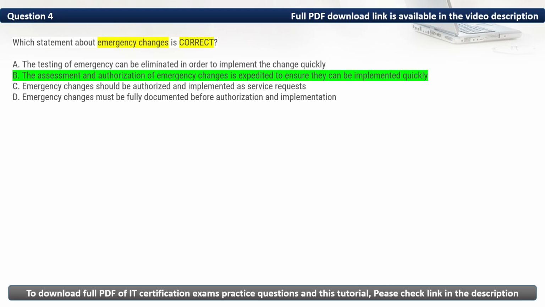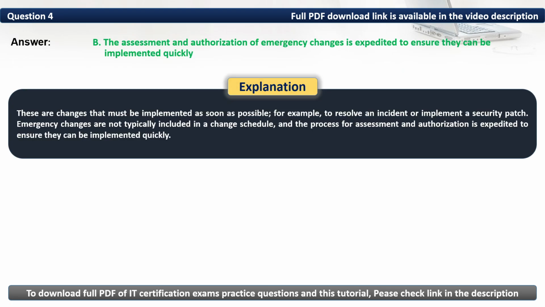Thus, the correct option is B. These are changes that must be implemented as soon as possible, for example, to resolve an incident or implement a security patch. Emergency changes are not typically included in a change schedule, and the process for assessment and authorization is expedited to ensure they can be implemented quickly.